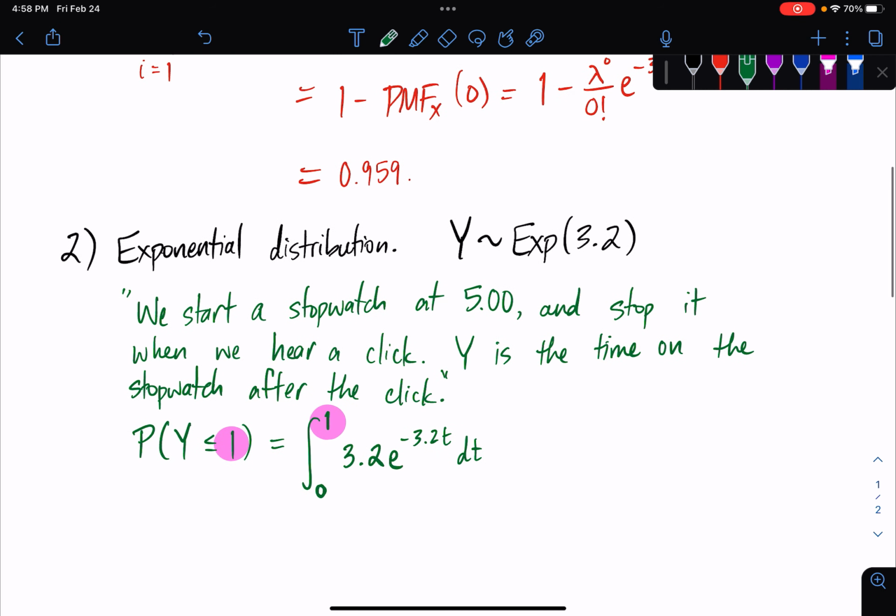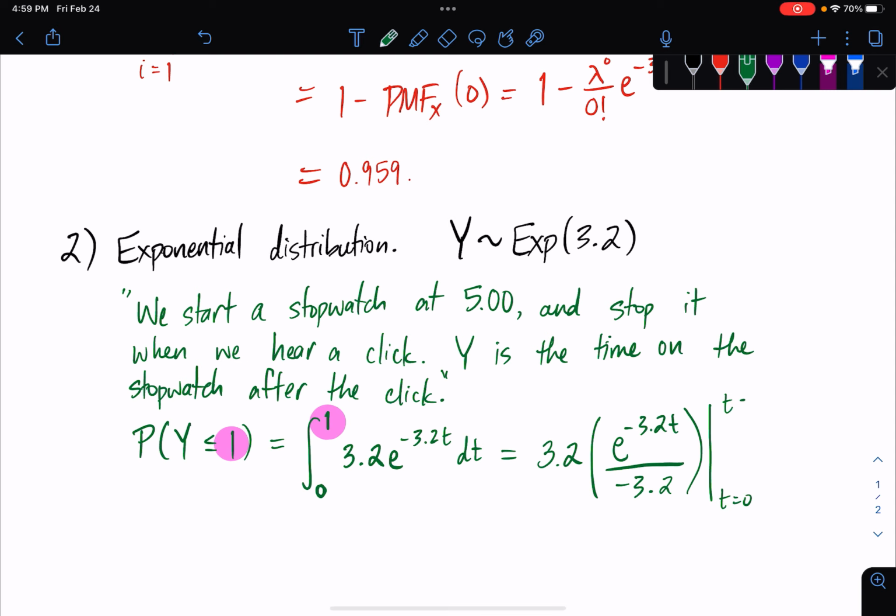Now we can integrate this thing. We're going to get a 3.2 out here, and then this integral is going to be e to the negative 3.2t divided by negative 3.2, evaluated at t equals 0 and t equals 1.